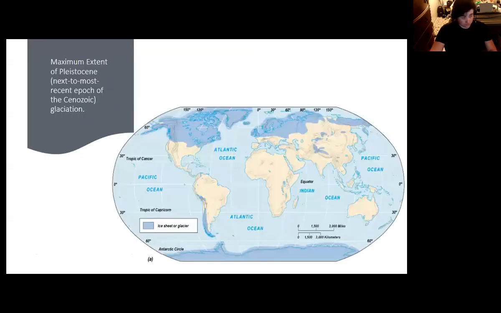Now, I have a visual representation here of what the Earth is projected to have looked like during the last glacial maximum. Essentially the entire country of Canada and a lot of the northern US was covered in ice, as was most of Europe north of the Balkans and the Alps. These ice sheets are now gone. This is from the Pleistocene, the epoch before the current one.